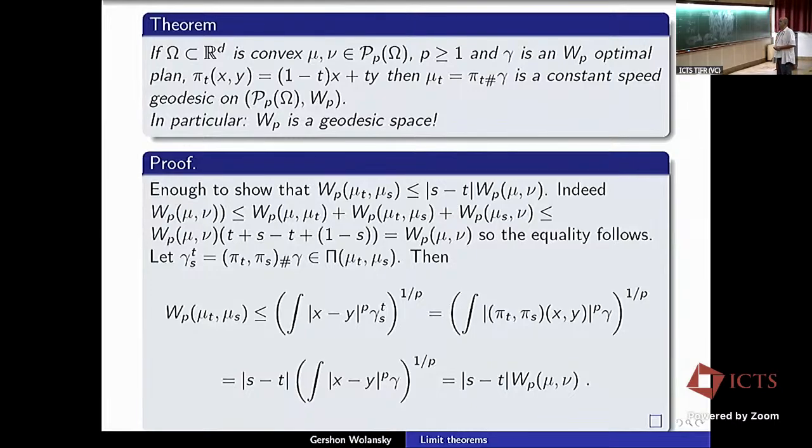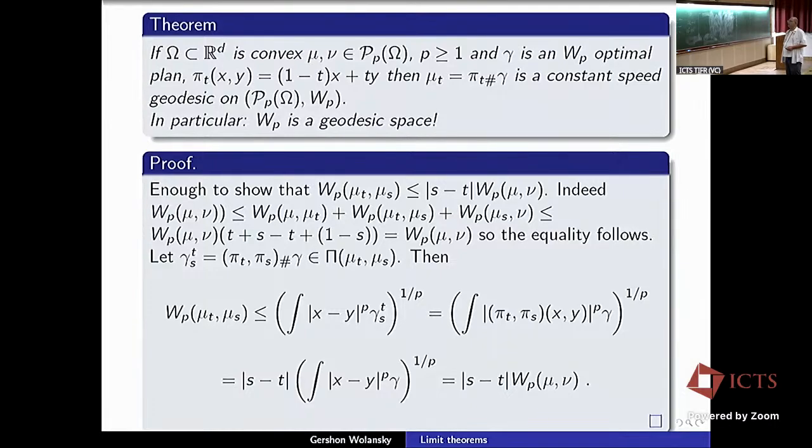So we get some measure with marginals mu t and mu s, and then the Wasserstein distance between mu t and mu s is certainly smaller than this, because we don't know yet that gamma st is optimal.